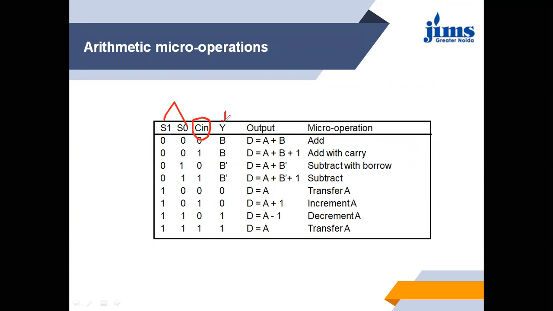So the output for this is D, and we can perform the addition.